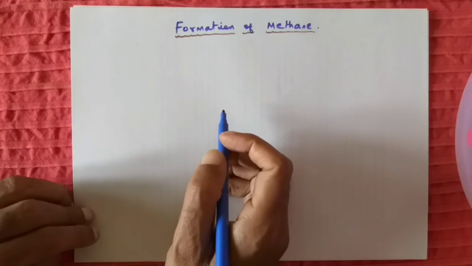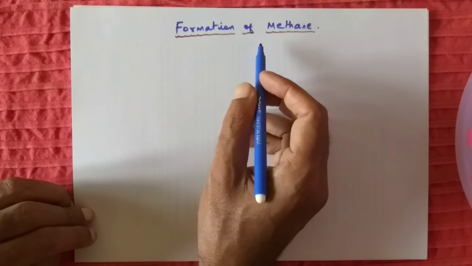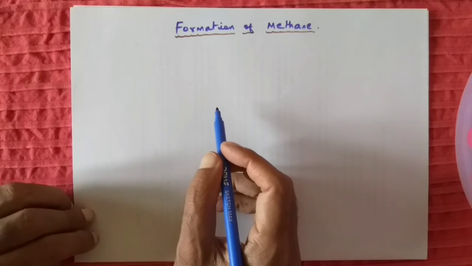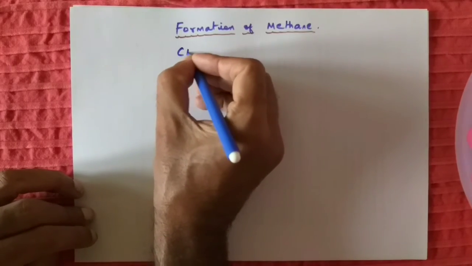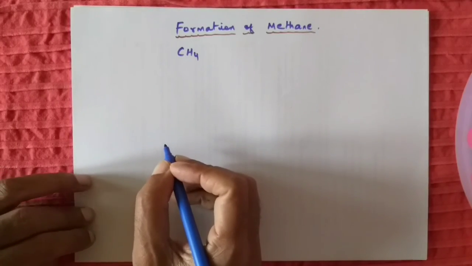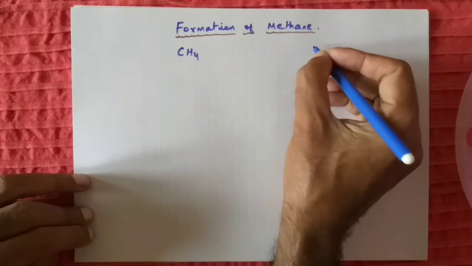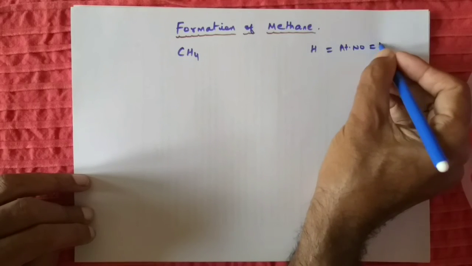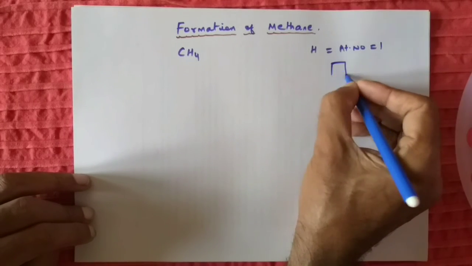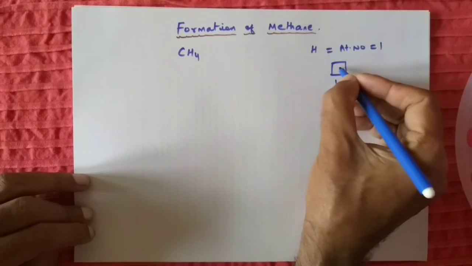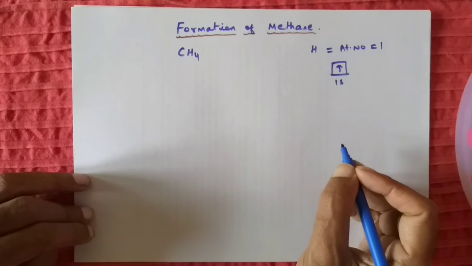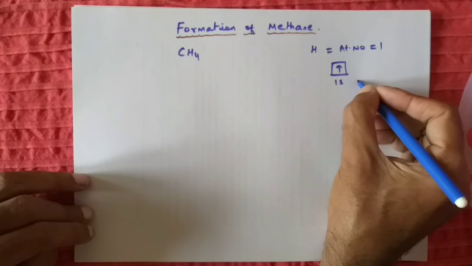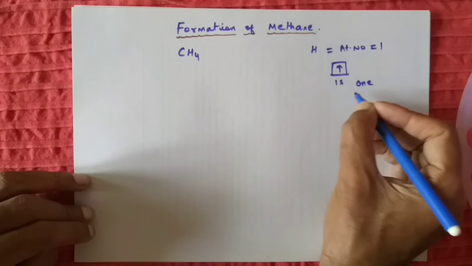So now let us see the formation of methane with respect to the valence bond theory. Methane is CH4. In case of hydrogen, the atomic number is 1. I will make a box like this: 1s, it will have only one electron. One hydrogen has one electron and one s orbital.